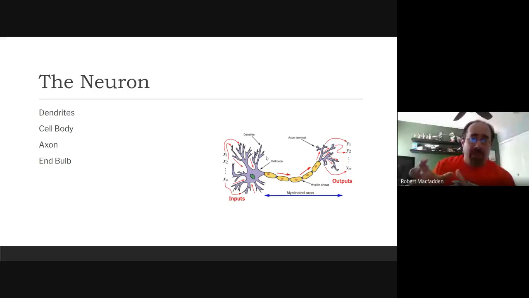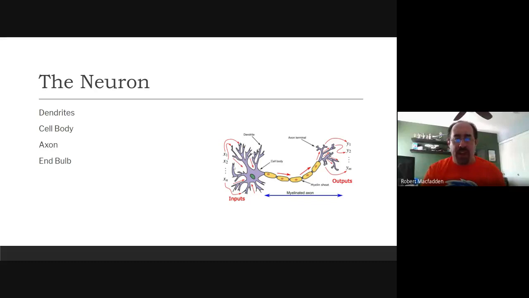Inside the end bulb are chemicals that we call neurotransmitters. And these neurotransmitters are what communicate between neurons. So from neuron to neuron, they are using these little tiny chemical messages to go back and forth between them. It is a one-way process.